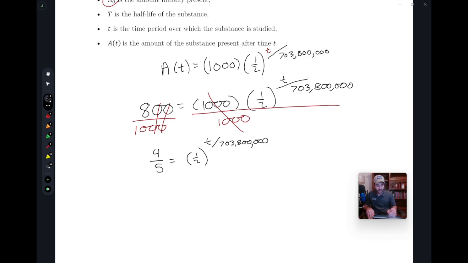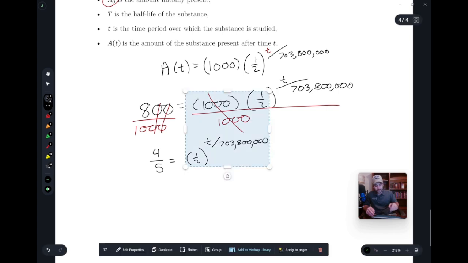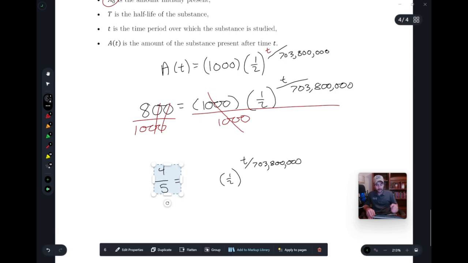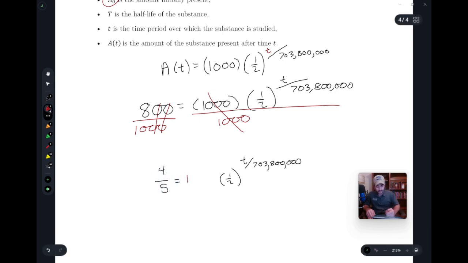703,800,000. And now how do we get rid of a base? The way we get rid of a base is the exact same way we've been getting rid of bases this whole time. We log it with the same base. So we're going to go log with a base of 1/2 of the whole thing.